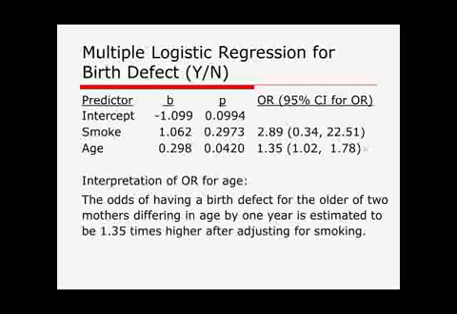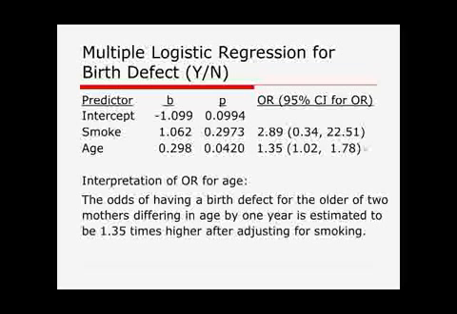So here's the result of a multiple logistic regression relating birth defects, yes or no, that's our outcome, whether the child has a birth defect, to whether the mother smoked in pregnancy, yes or no, and the mother's age in years. So this is a multiple logistic regression because the outcome's dichotomous and we have more than one predictor.